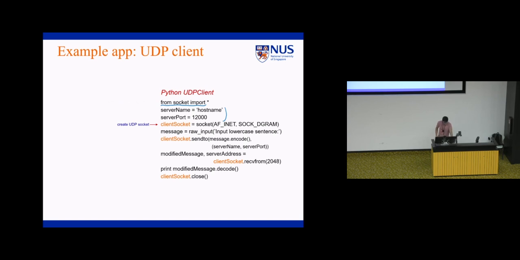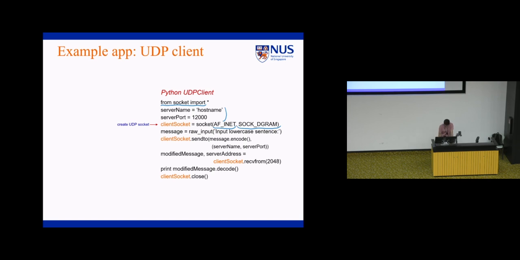And then we are creating a client socket here. This is for IP version 4, and this indicates a UDP datagram. Again, we are not specifying the client's port number when creating the socket because the operating system provides it for us.